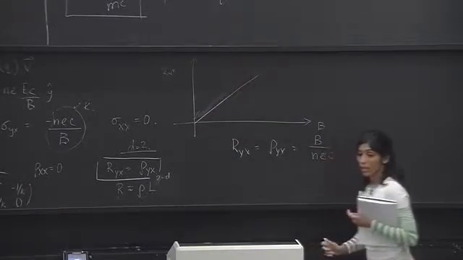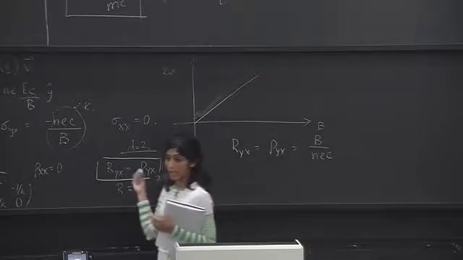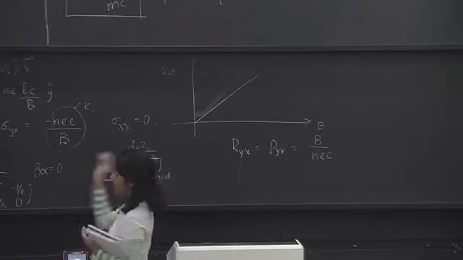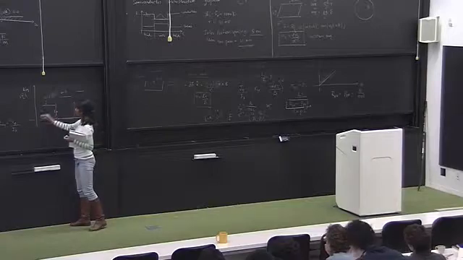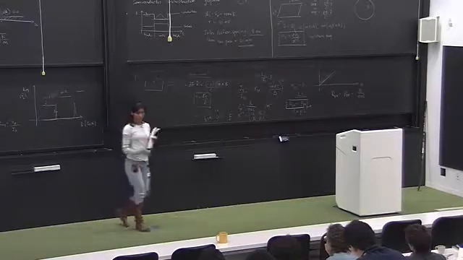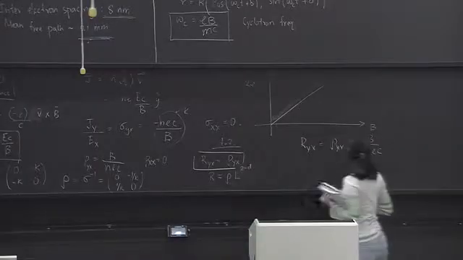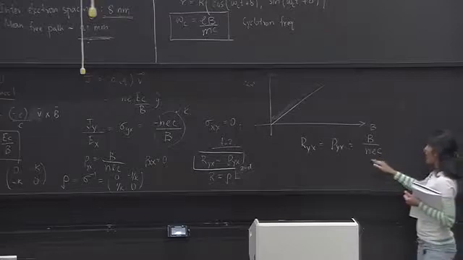And this is the classical Hall effect. If electrons are just classical and nothing else is happening, the data shouldn't have any steps in it. Instead, it should be a straight line.